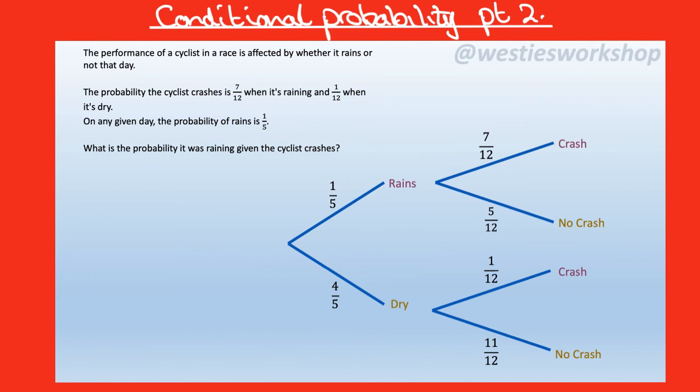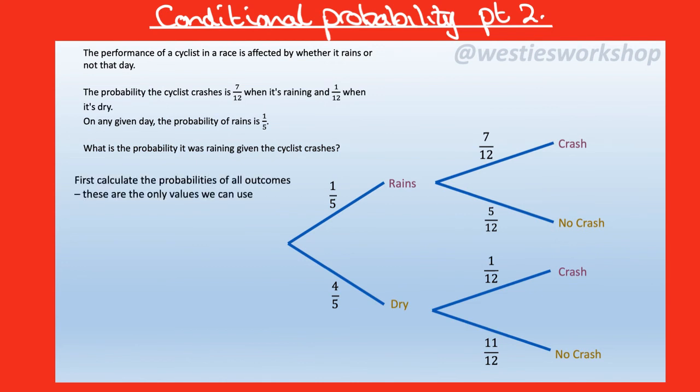What is the probability it was raining given the cyclist crashes? Right, so rain is 1/5, dry is 4/5. If it rains, crash is 7/12, so no crash is 5/12. If it's dry, crash is 1/12, no crash is 11/12.